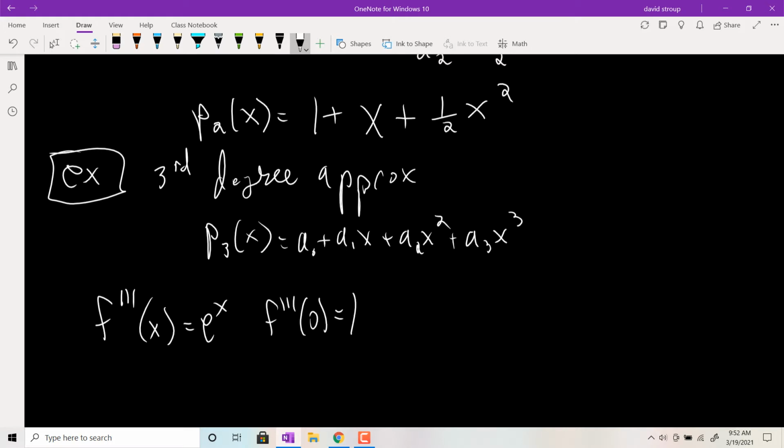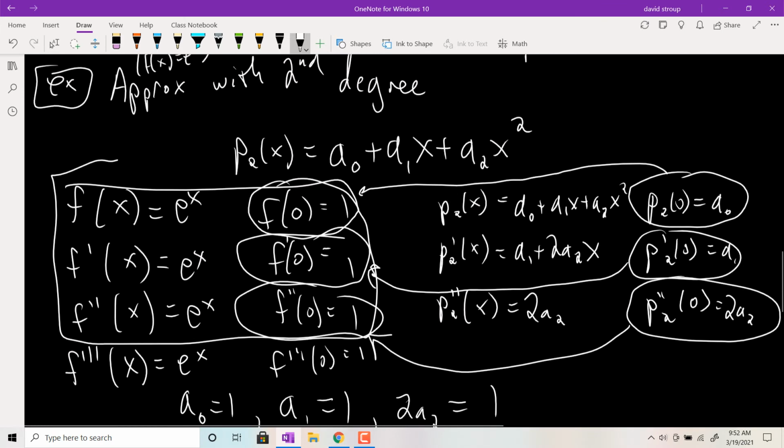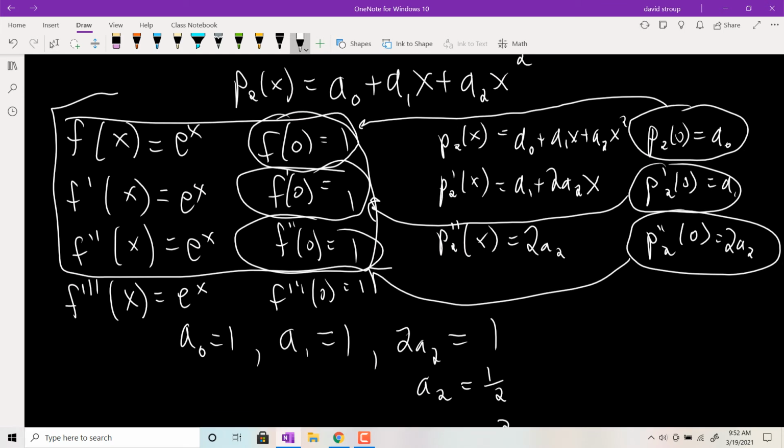And then for the polynomial part, you would have had plus a sub 3 x to the third, and if you plug in 0, it's still going to be a sub 0. Okay, and then for the second derivative, you're going to have plus 3a sub 3 x squared.